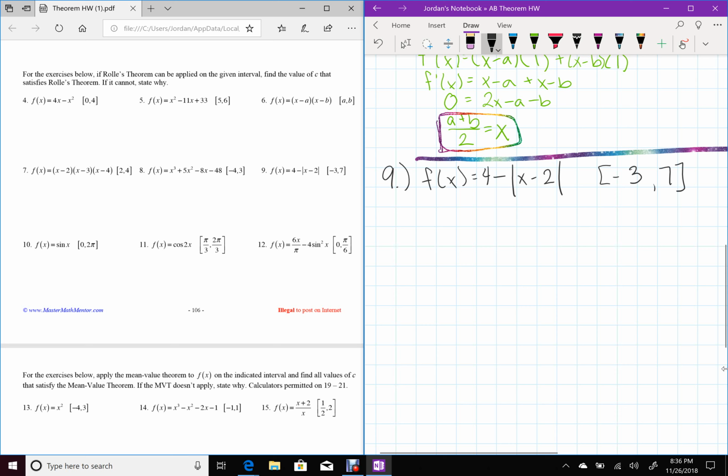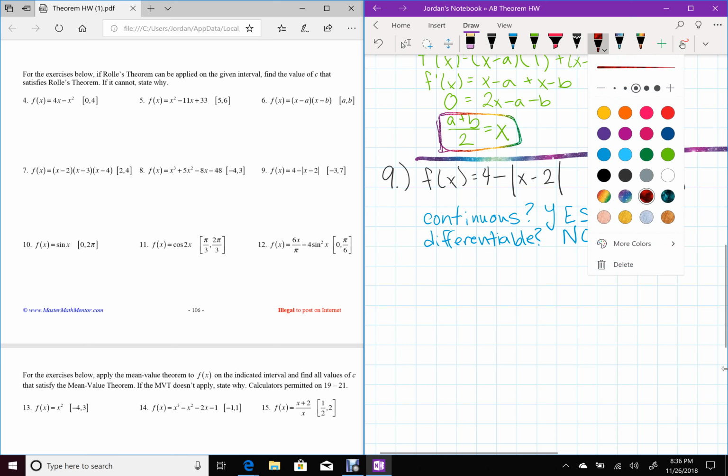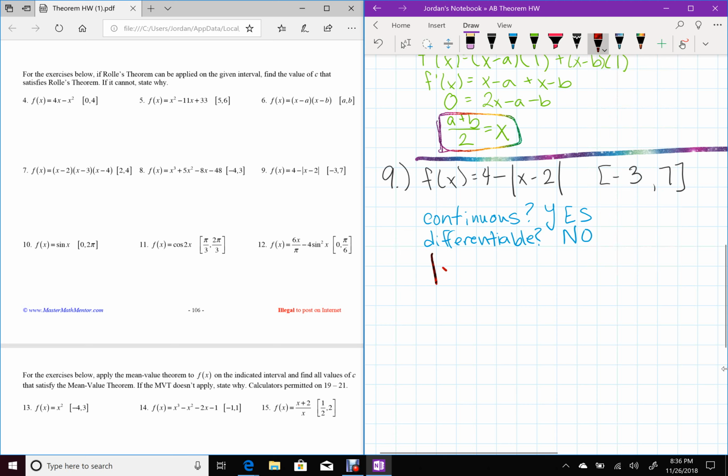The vertex of an absolute value is a corner, and functions are not differentiable at cusps, corners, or vertical tangents. So for Rolle's theorem, when we ask, is it continuous, we say yes. But when we ask if it's differentiable, we say no. And when they ask for why, we say that the absolute value of x minus 2 produces a corner.